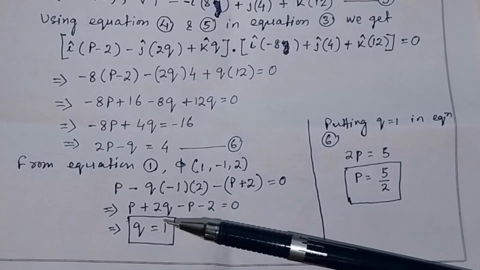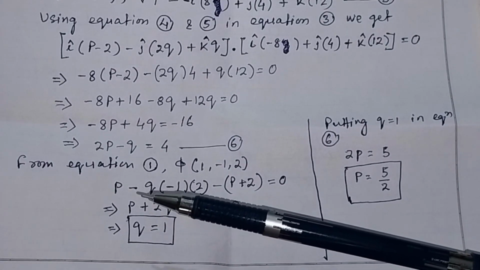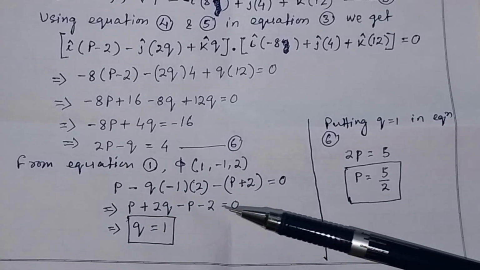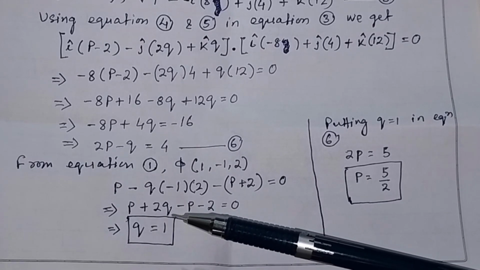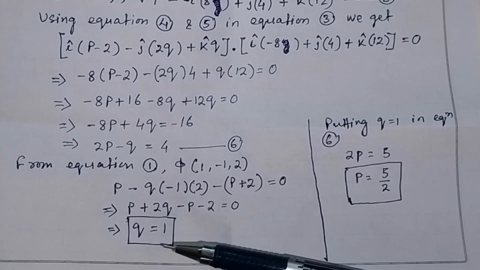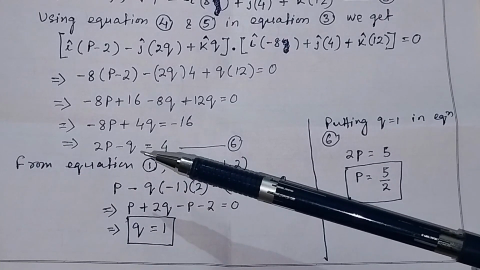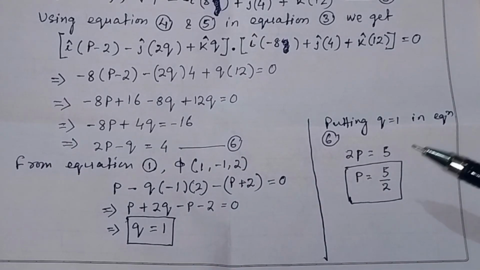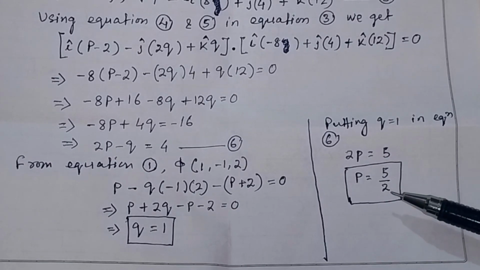So p plus 2q, -1 into 2, again here a -1, so plus 2q minus p minus 2 is equal to 0. So p cancels, so 2q is equal to 2, so q is equal to 1. So you got the value of q. Now if you put the value of q in equation 6, then you will get the value of p. So if you put q equal to 1 in equation 6, 2p will be equal to 5, so p will be equal to 5 by 2.